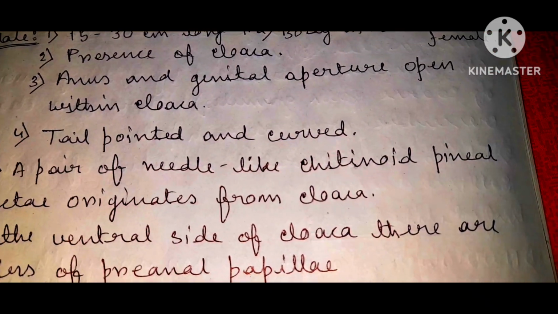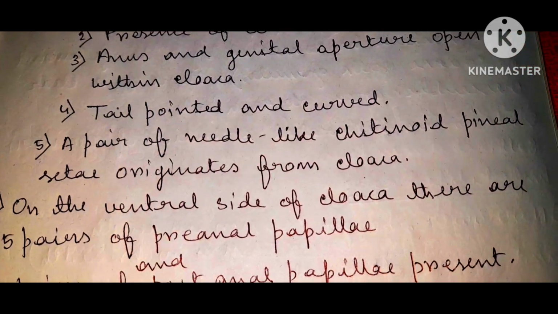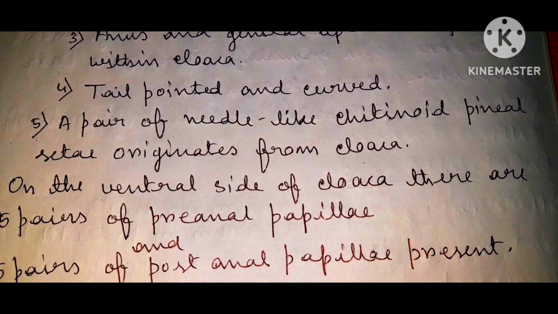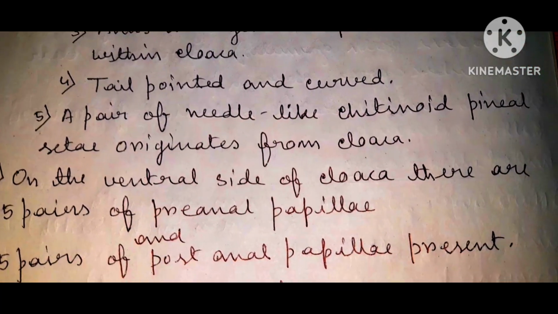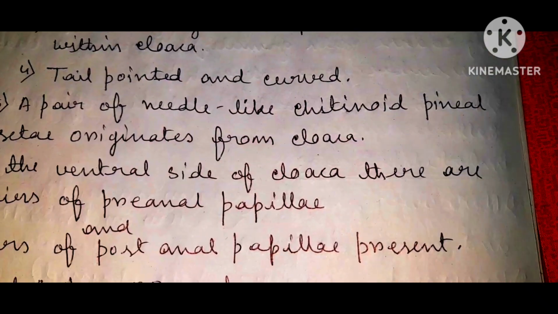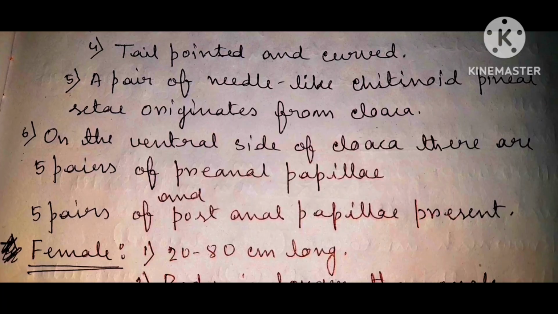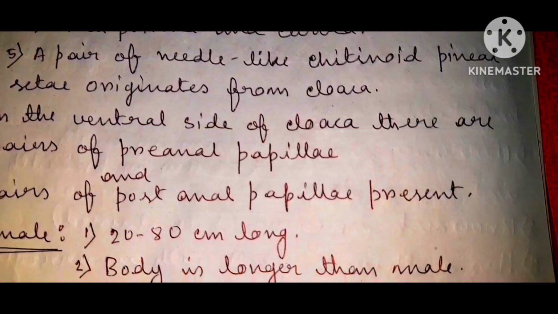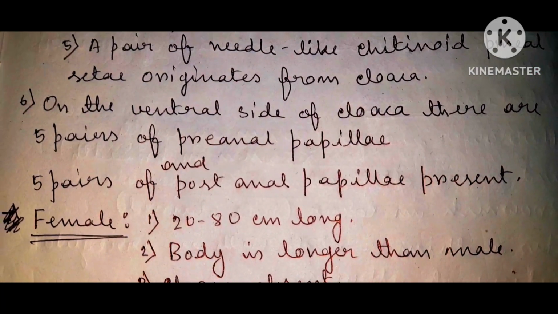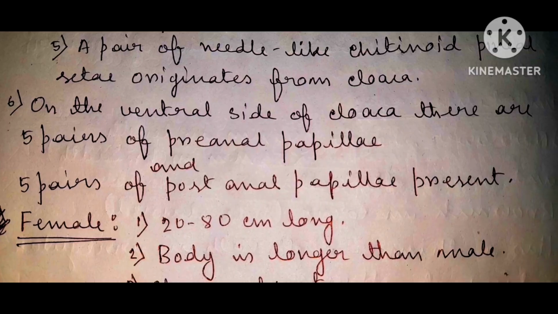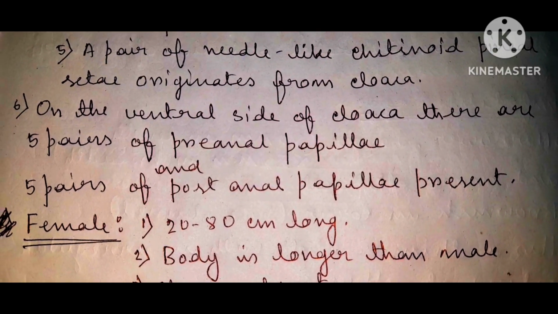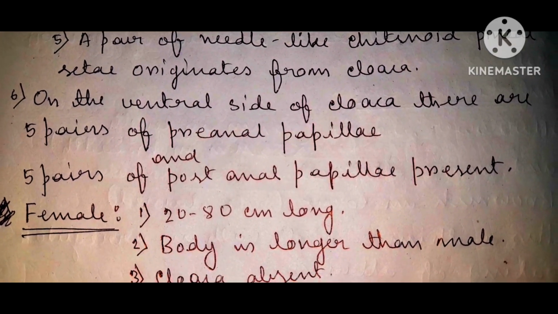Anus and genital aperture open within cloaca. Tail pointed and curved. A pair of needle-like chitinoid penial setae originates from cloaca. On the ventral side of cloaca, there are 5 pairs of preanal papillae and 5 pairs of post-anal papillae present.